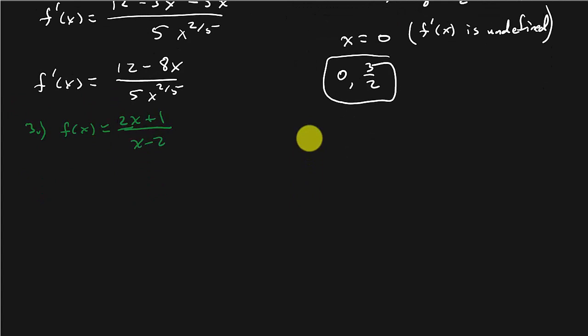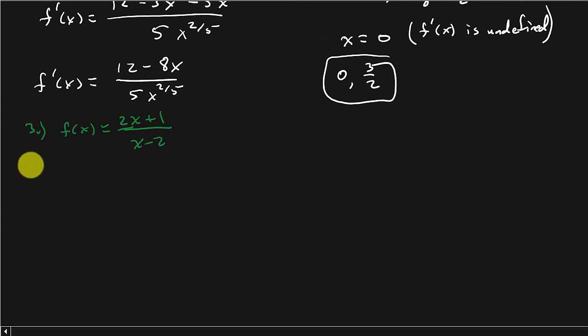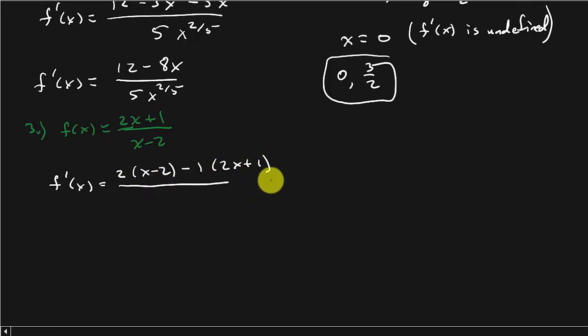All right. So let's take a look at this problem. We've got f of x equals 2x plus 1 over x minus 2. If we take the derivative, we've got f prime of x is equal to 2 times x minus 2 minus 1 times 2x plus 1, using the quotient rule, and then that's over the denominator squared.